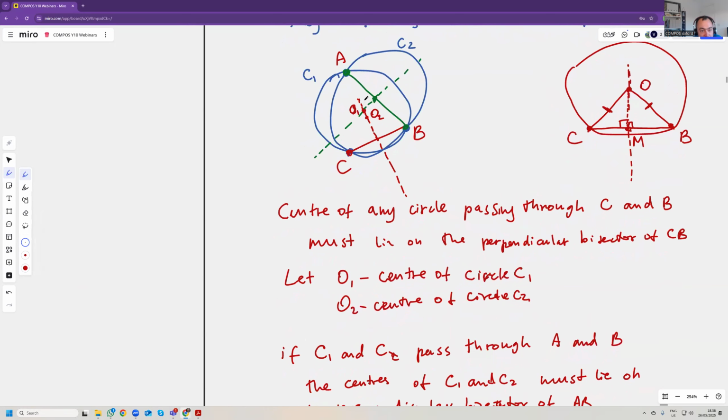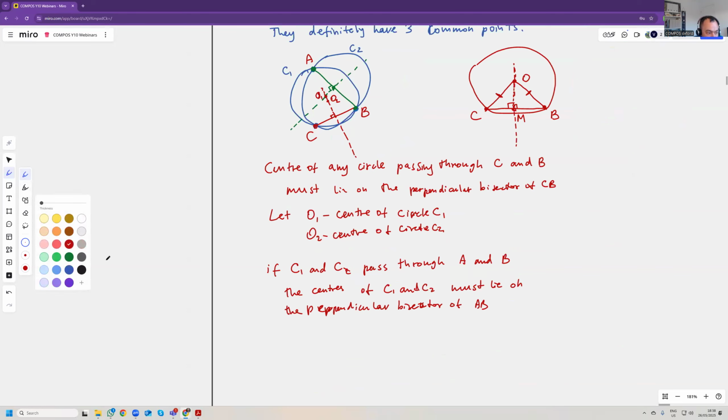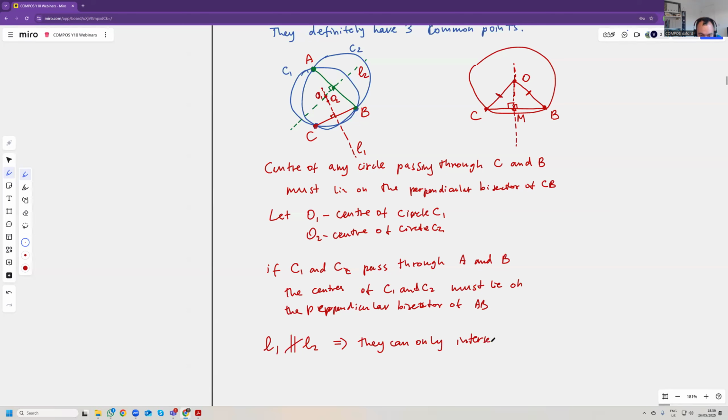And the two perpendicular bisectors are not parallel. So L1 and L2, L1 is not parallel to L2. Therefore, they can only intersect at one point.